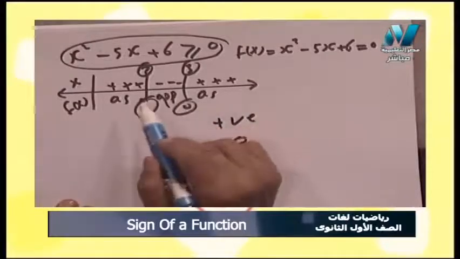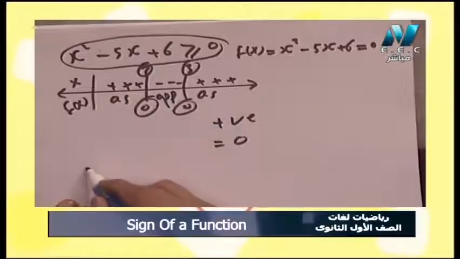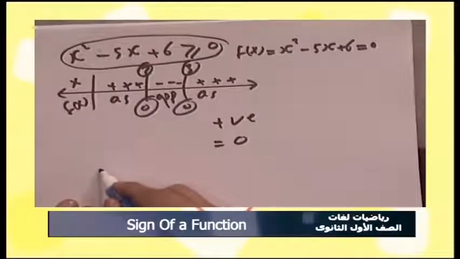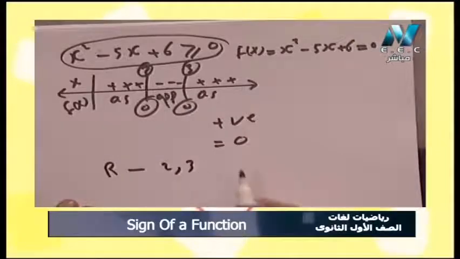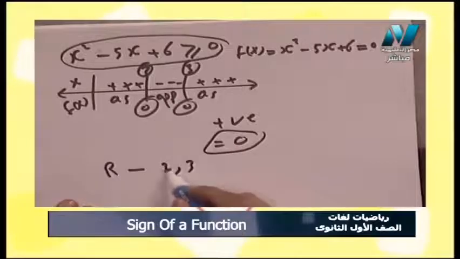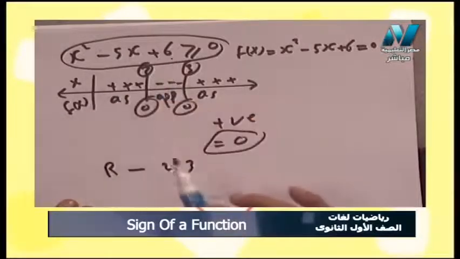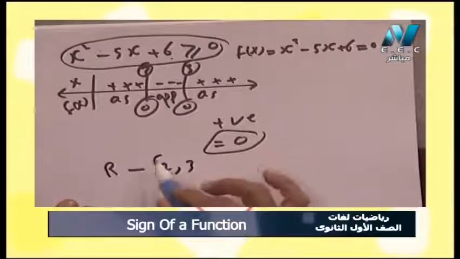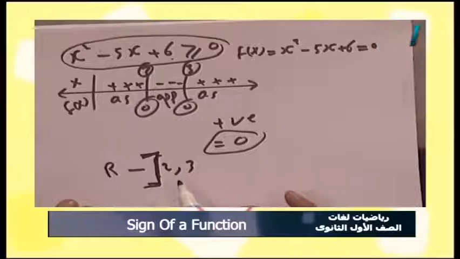It's positive in this part and this part. So it's R except this part, which is 2 and 3. But we want 0 also, and 2 itself makes the function equal 0. So we close it here and open it there. Sorry, R minus the open interval 2 and 3.